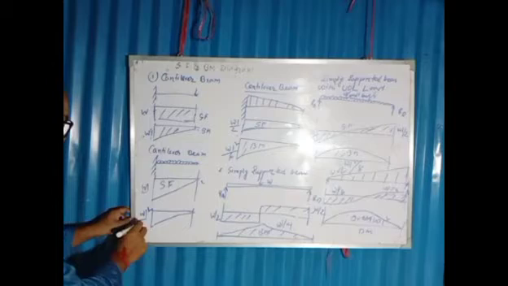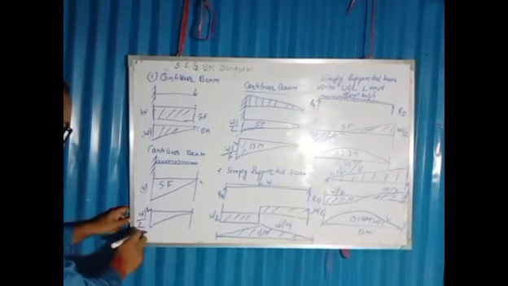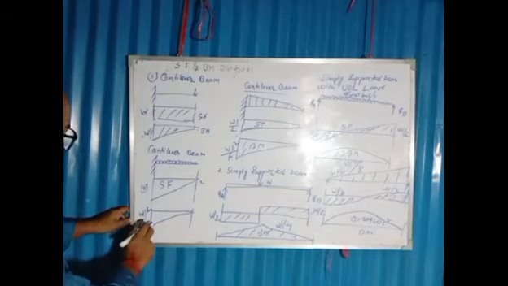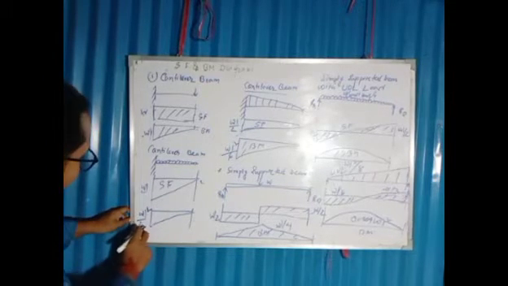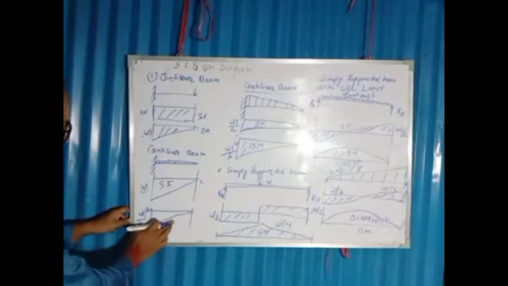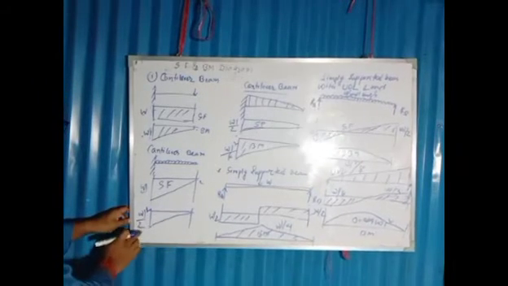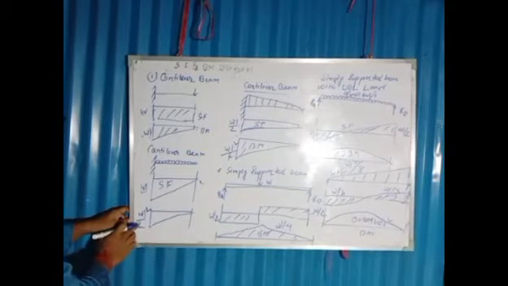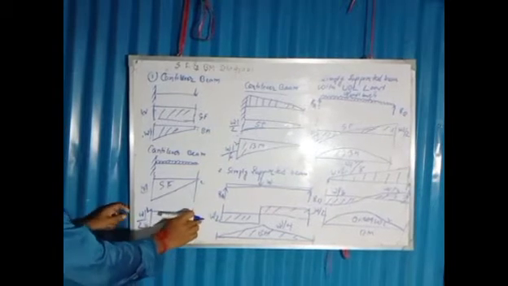The bending moment diagram is a parabolic shape; this line is not a straight line, but follows a parabolic path. At one point it is maximum, with value WL square by 2, and at the other point it is 0.